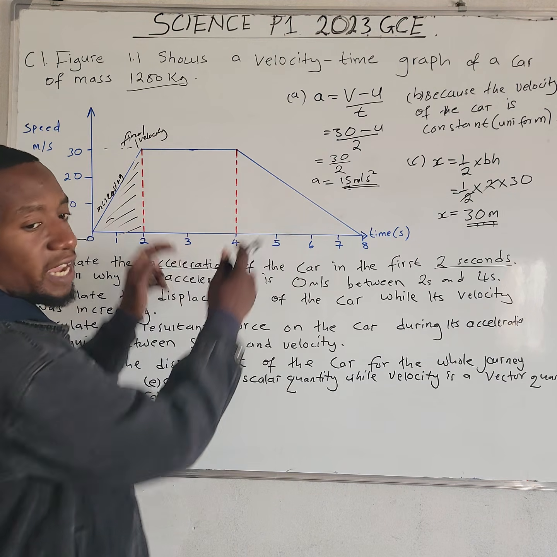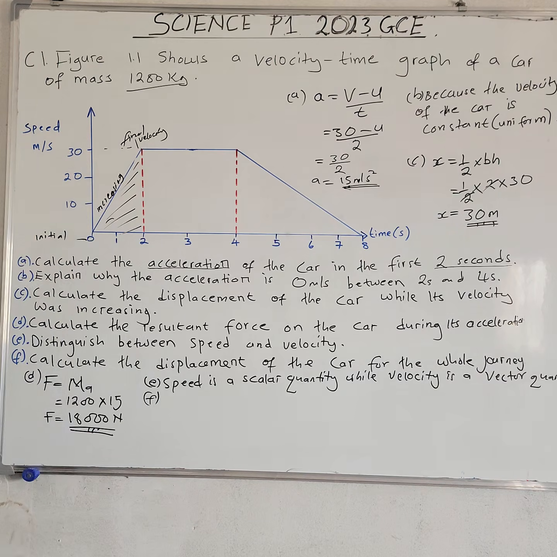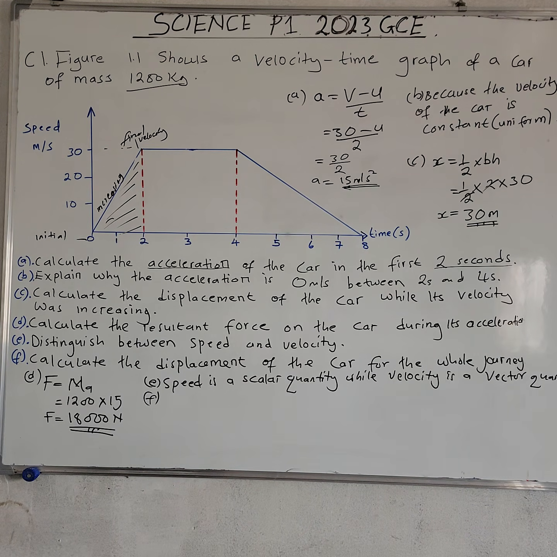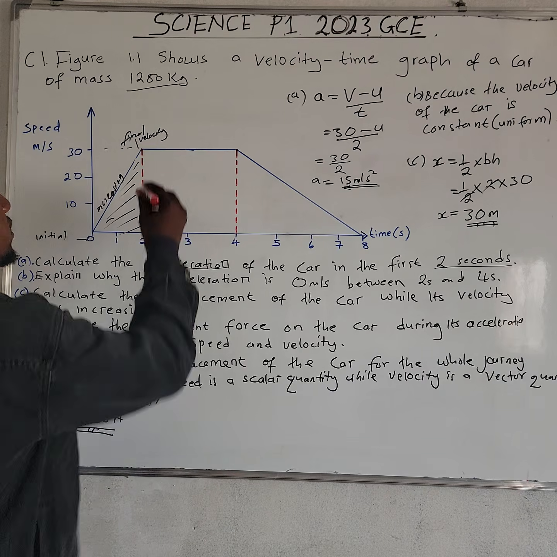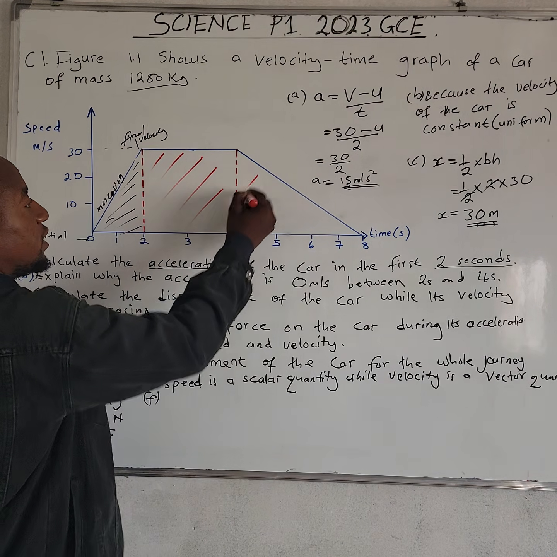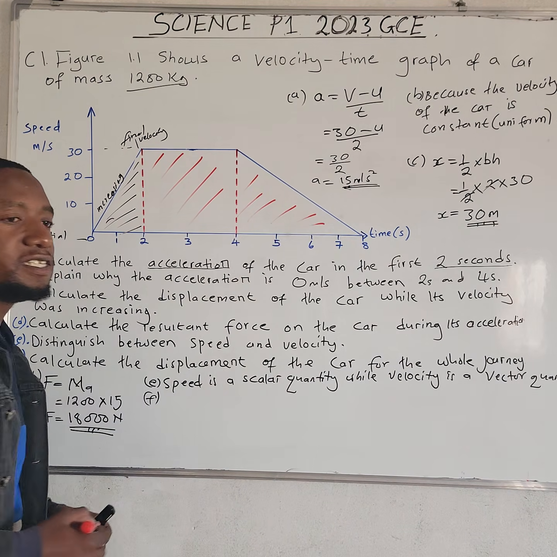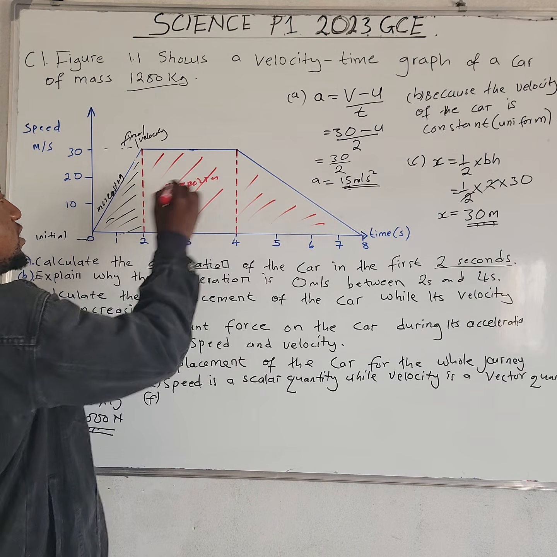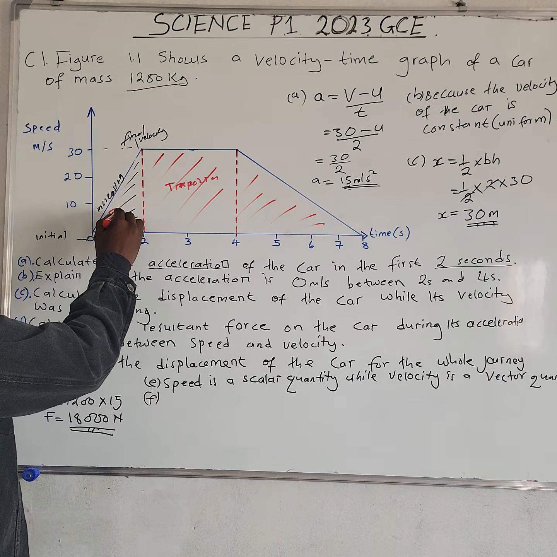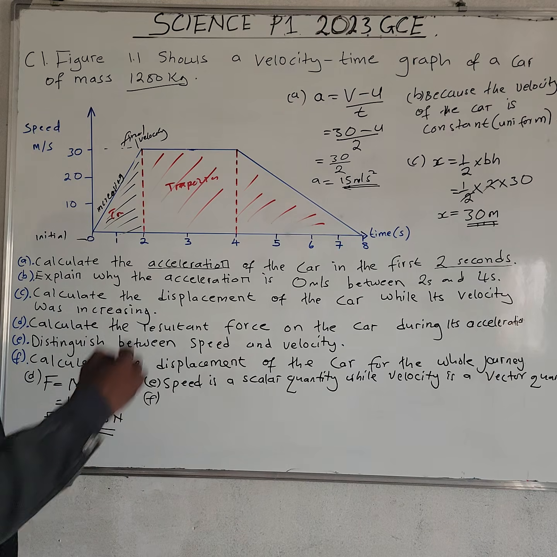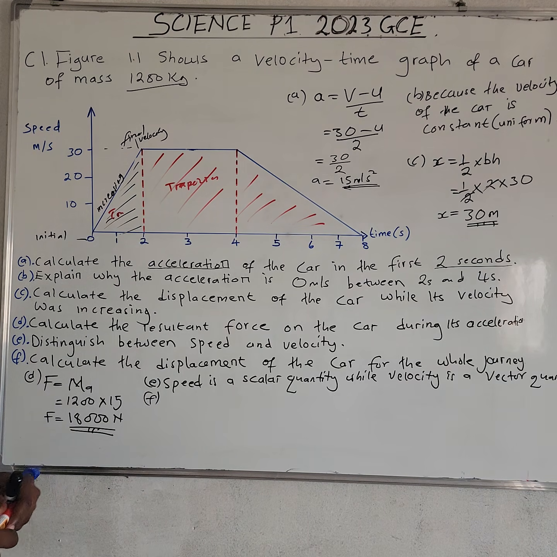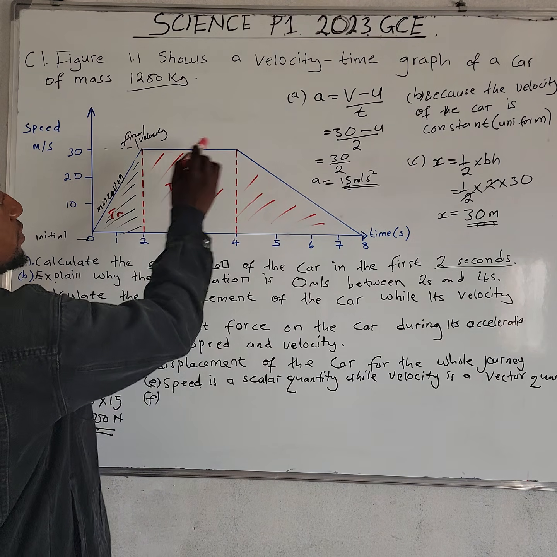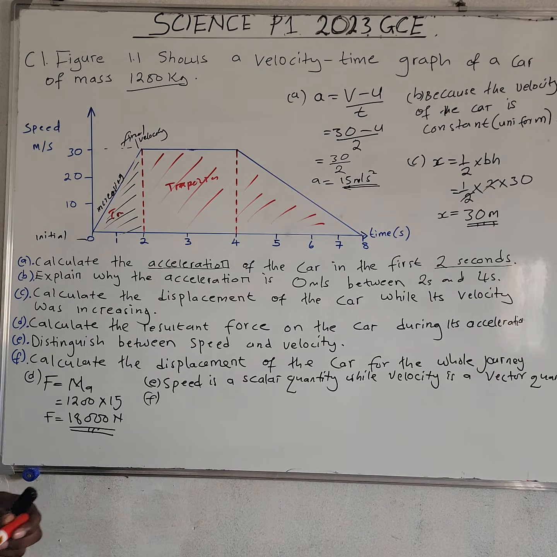When you look at this structure, this is a trapezium. This was a triangle. The triangle we already found. So we are going to find now for the trapezium.